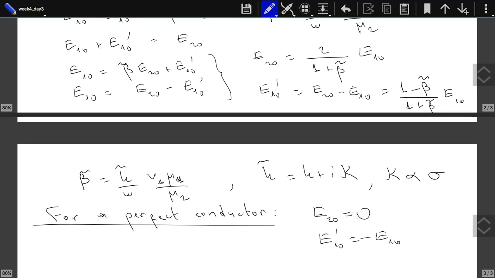So all the wave is reflected. No change in the amplitude of the incident wave, nothing goes through. Well, that's what we call a mirror.